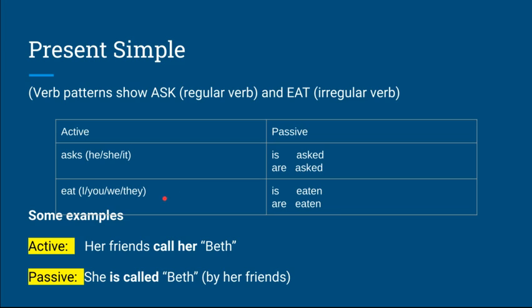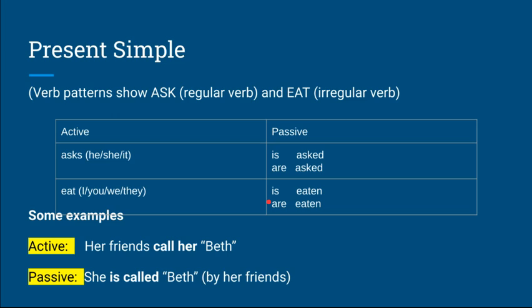Eats for singular, I, you, we, they. You can be plural and singular, depends, but no S. The passive for singular is eaten, for plural are eaten.